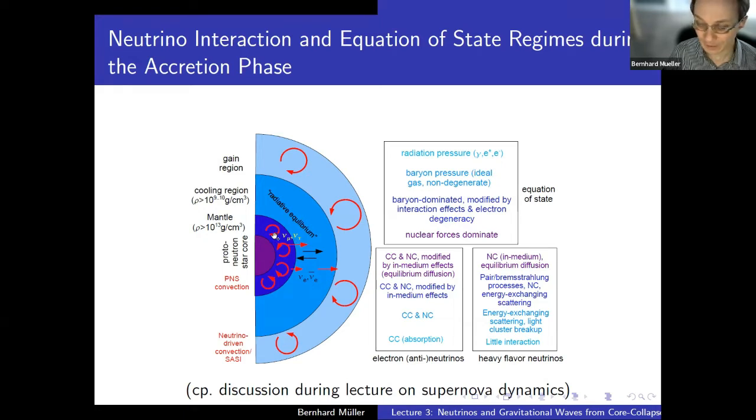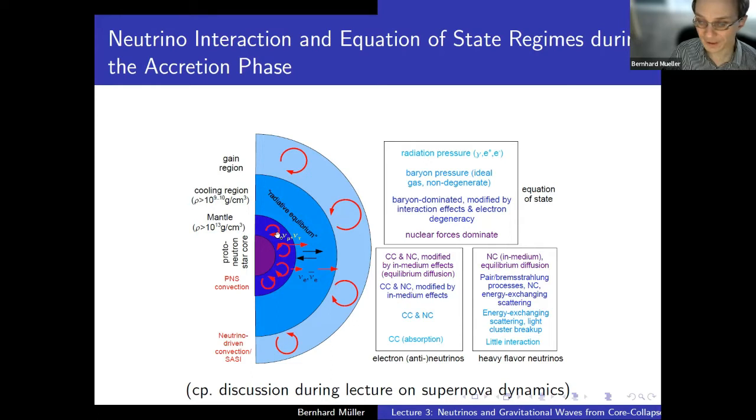So until your conditions are hot enough for you to produce thermal muons, you will not produce any heavy flavor neutrinos by charged current interaction. So the interaction processes of all of the neutrino species and flavors are different.